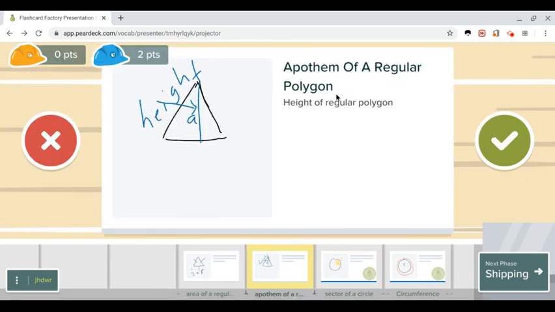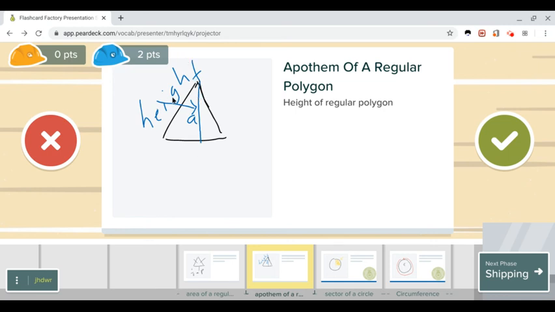The apothem of a regular polygon. Here I just drew a triangle, which means if it's regular, all sides are congruent, and the apothem is the height. Now, the height here would have been a little bit more towards the left, so that it basically bisects this triangle.